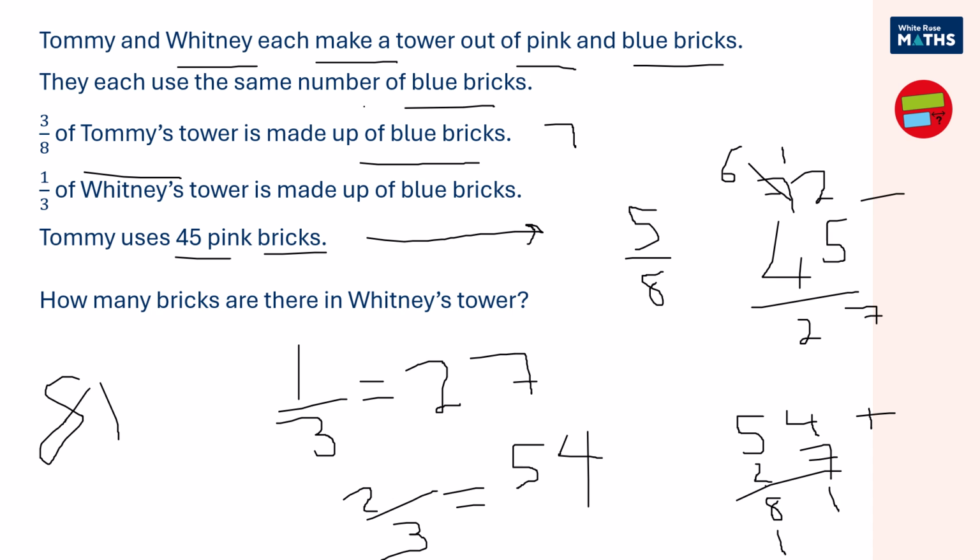So Tommy has 72 bricks in total. 27 of them are going to be blue, and then 45 are going to be pink. Because Whitney and Tommy have the same number of blue bricks, 1/3 is equal to 27 for Whitney's blue bricks. So to work out 3 wholes, we times it by 3, and we get 81.